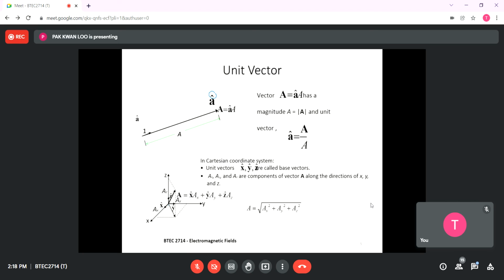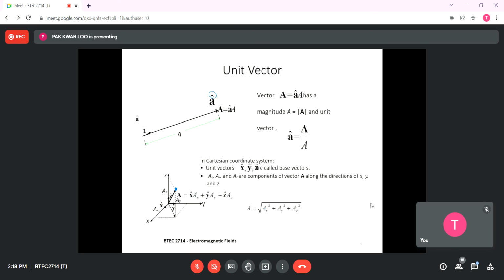So I can represent a vector A, this point here, if you can see on my screen, I'm putting some color at this point. This vector A is represented by x cap, y cap, and z cap, and its associated magnitudes Ax, Ay, and Az.